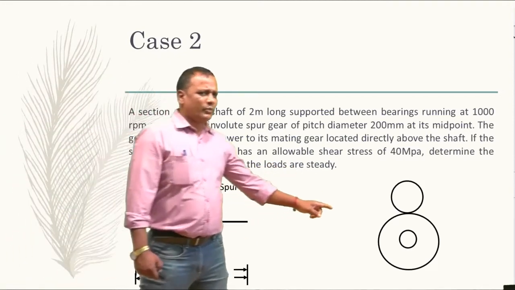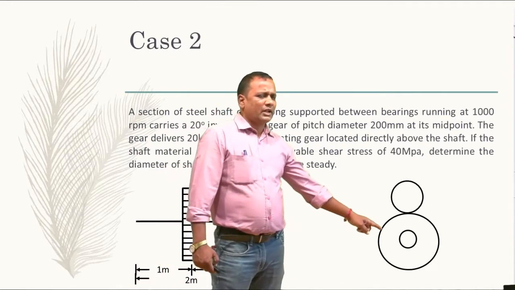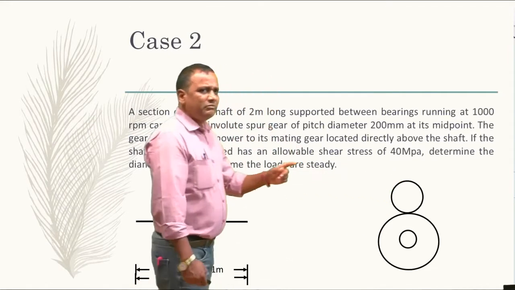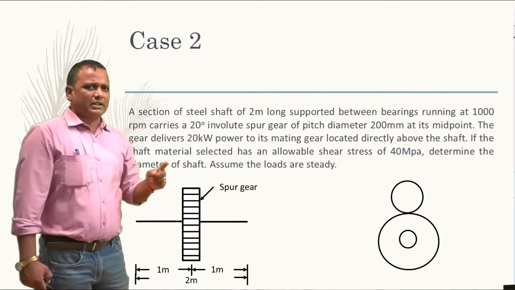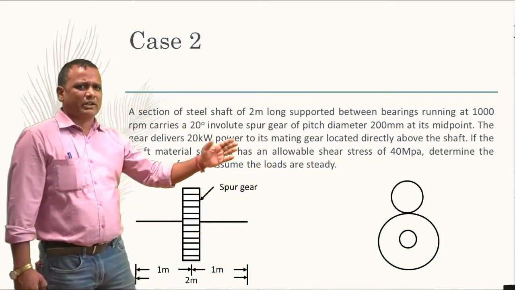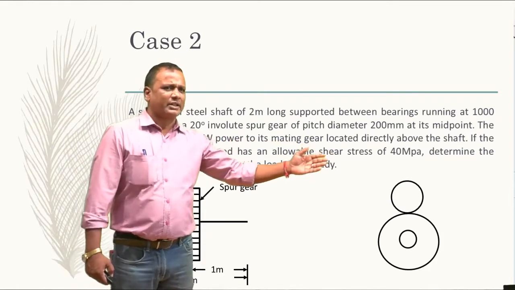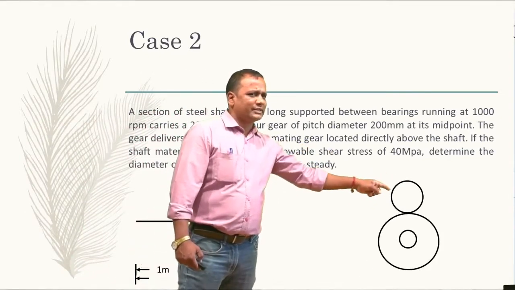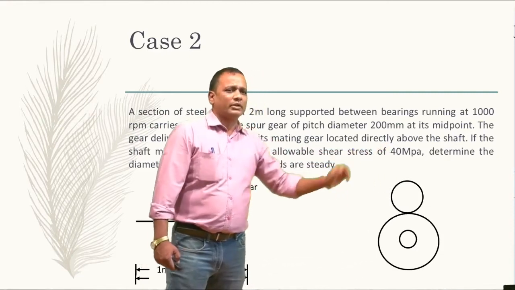Then this is a gear which we need to design, and let's see the condition. The gear delivers 20 kilowatt power to its mating gear located directly above the shaft. The sense of this is that it is delivering power to the gear which is mounted directly above it.